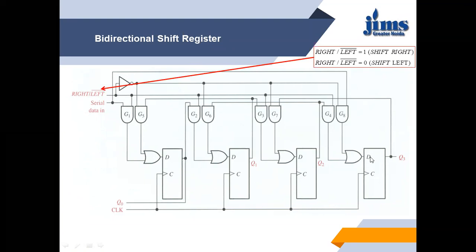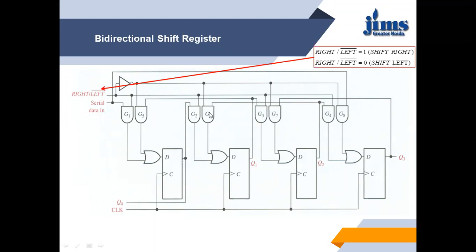Now again, this output is fed back to here and it goes to G7. Whenever an active clock is given, it travels from G7 through the OR gate to Q2. Now again, we can see that Q2 is fed back to G6.